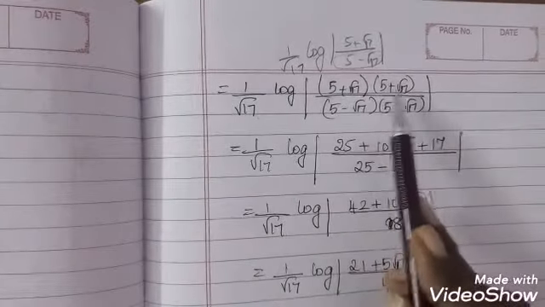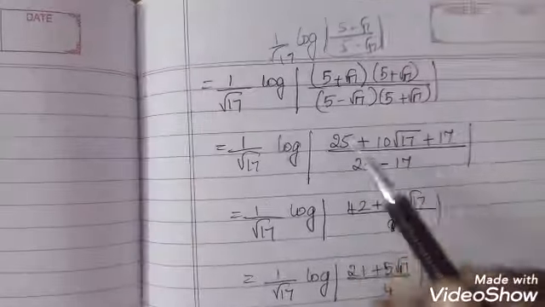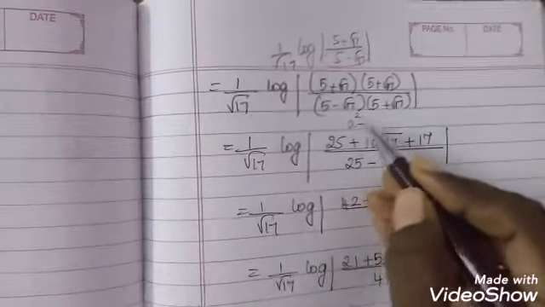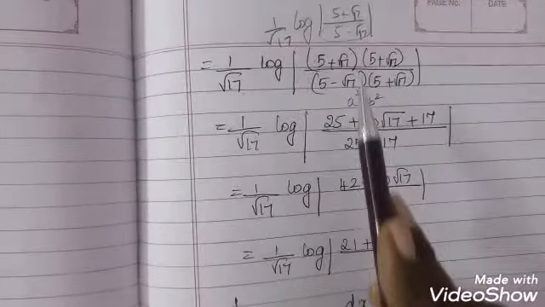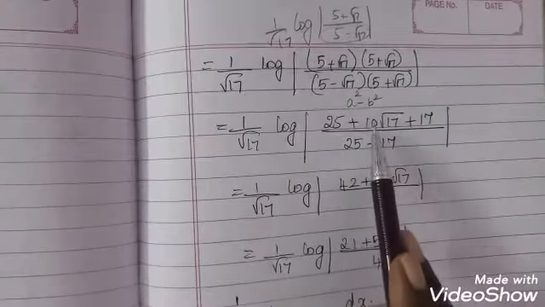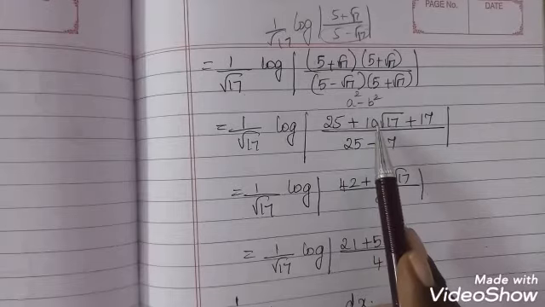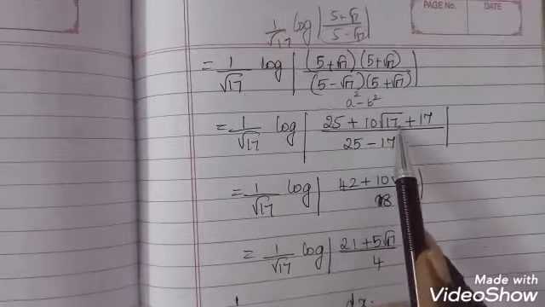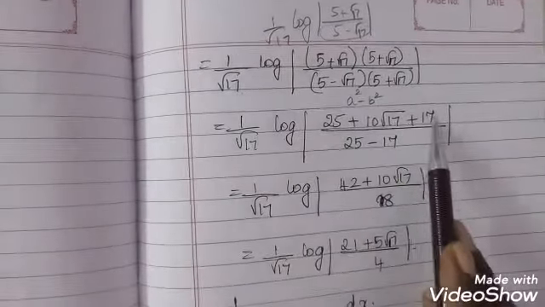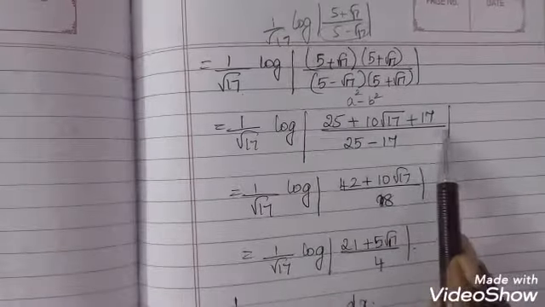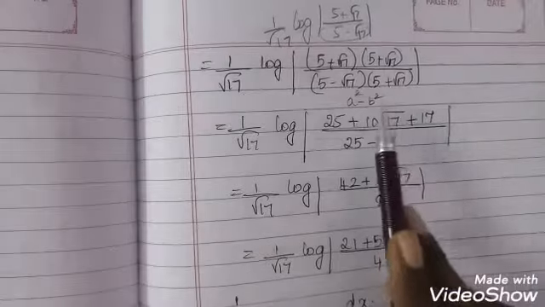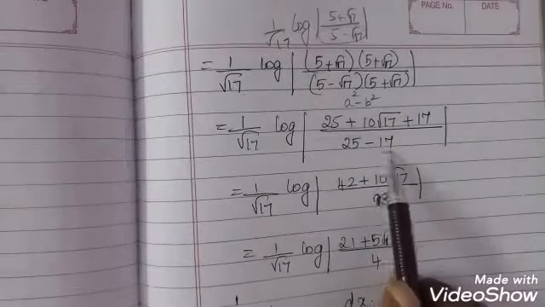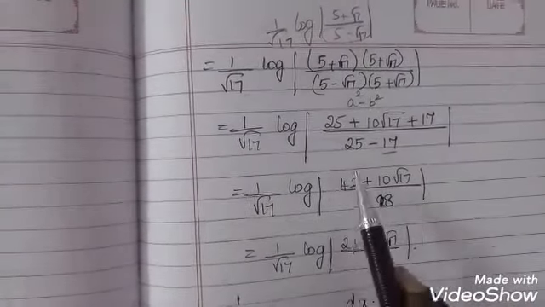For the numerator, what's the formula? (a plus b) the whole squared is 5 squared, 25, plus 2ab, 2 into 5 root 17, that's 10 root 17, plus root 17 the whole squared, that's 17. The denominator is a squared minus b squared, which is 25 minus 17.